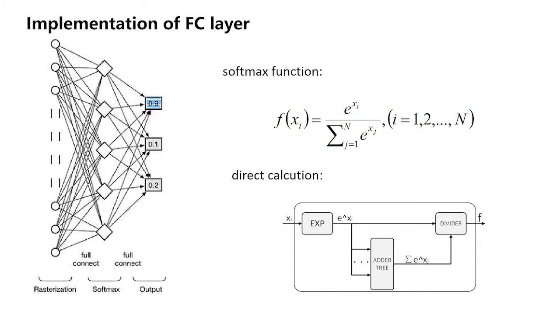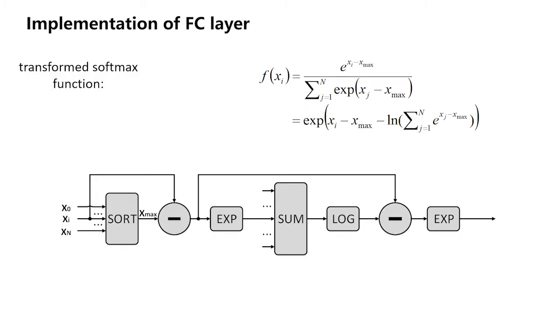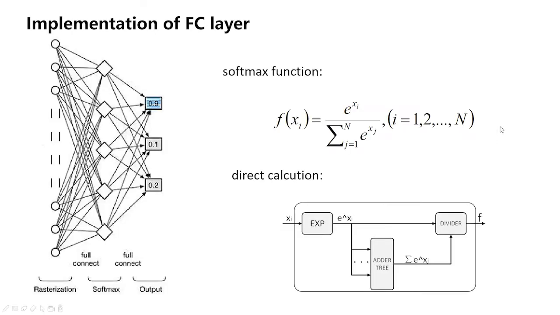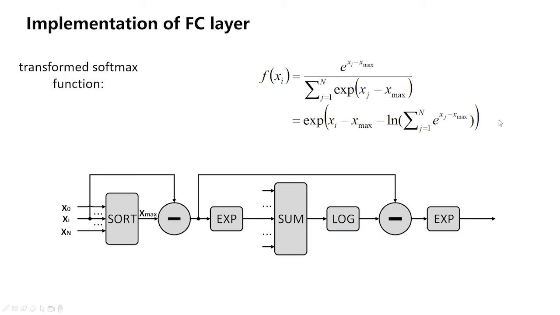And we can see the direct calculation hardware architecture is like this. Then we can transform the equation to this form. The numerator and denominator are both divided by e^xmax, so that e^(xi minus xmax) is less than or equal to 1.